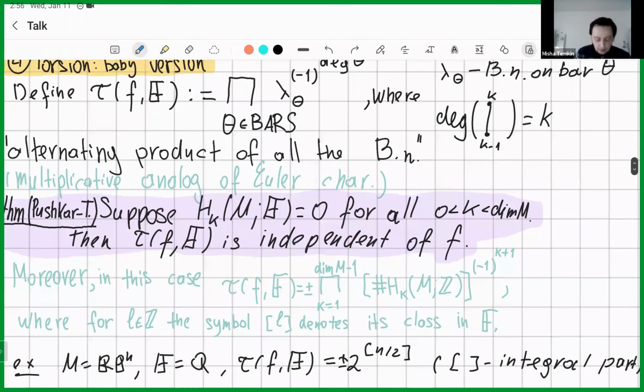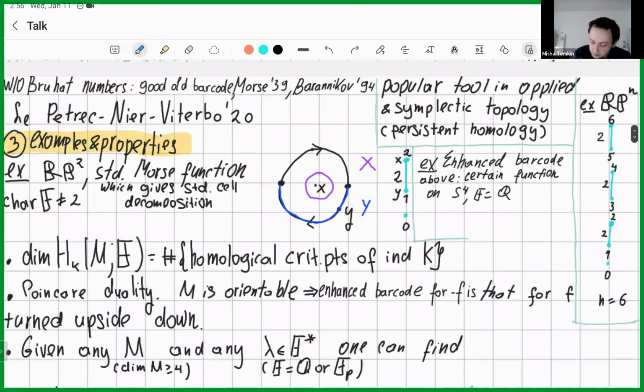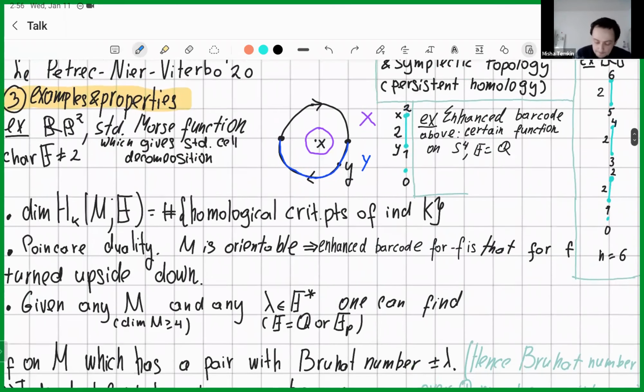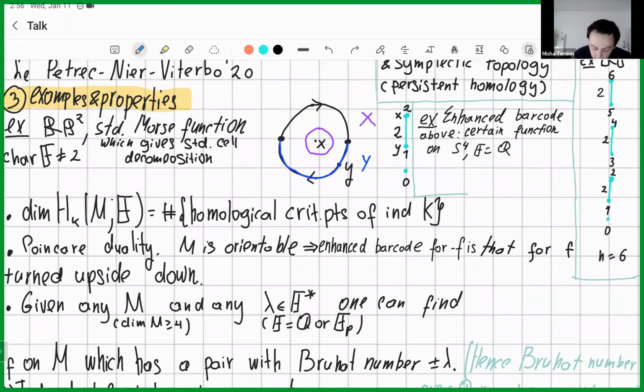An example is RPN and Q, right? So we have this picture for RPN. There are approximately n divided by 2 bars, because almost all points are paired, and the number on each bar is 2.